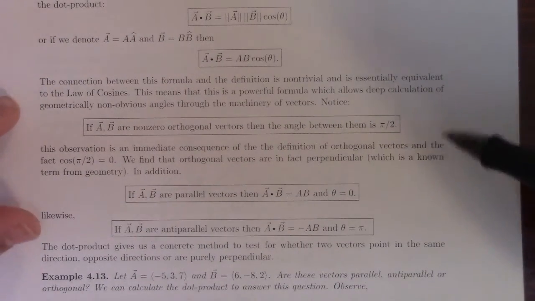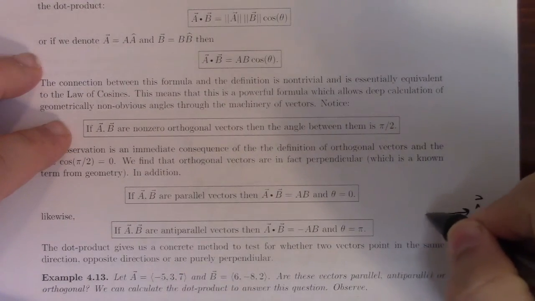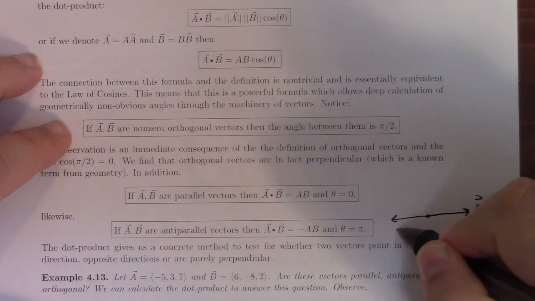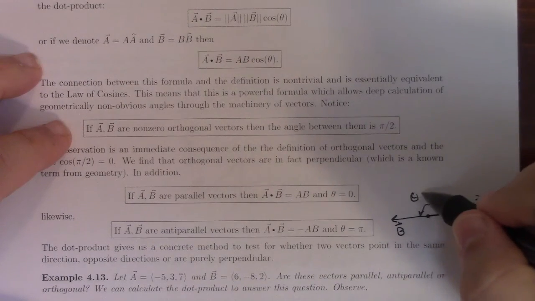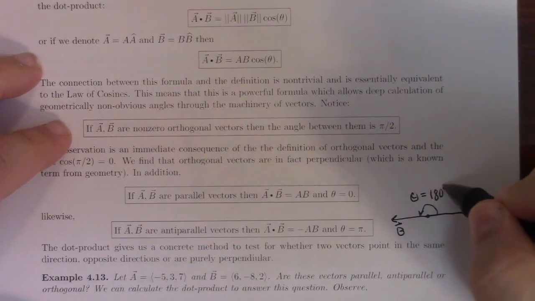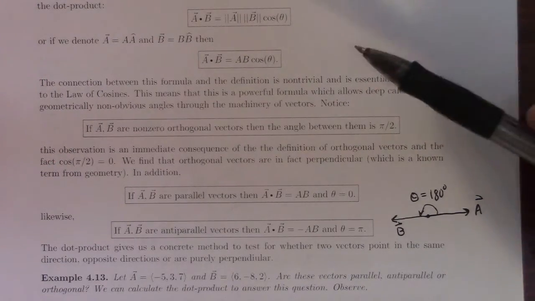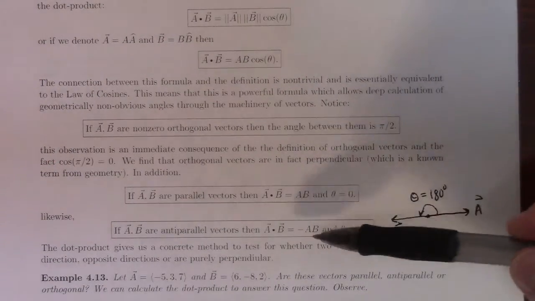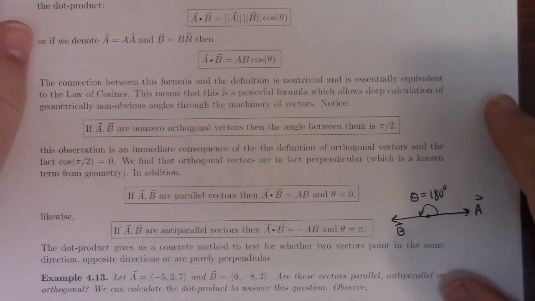Anti-parallel means they look like this. In that case theta is 180 degrees, or pi radians, and cosine of 180 is minus 1, so A dot B is equal to minus AB. So we can check for perpendicular, parallel, anti-parallel by those cases.